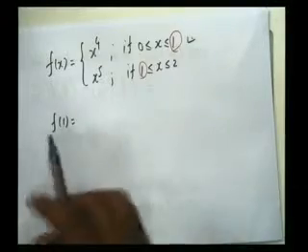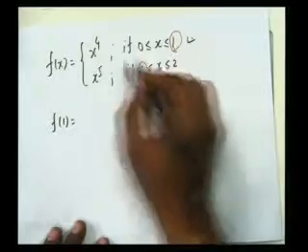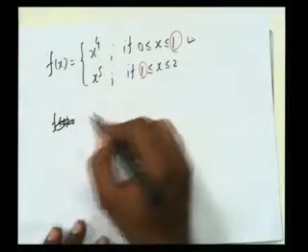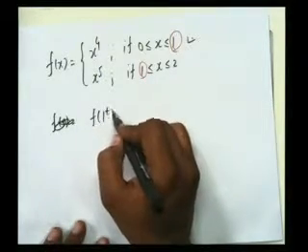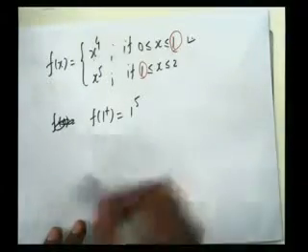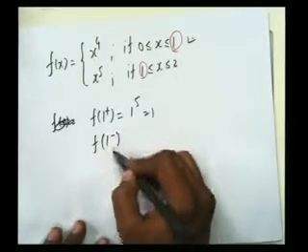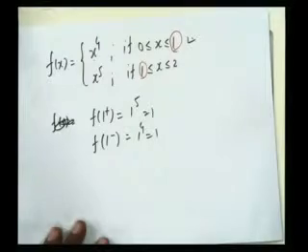Here for f of 1, we have two values. The limit of f of 1 plus, the value is 1 raised to 5 equal to 1, and f of 1 minus, the value is 1 raised to 4 equal to 1.